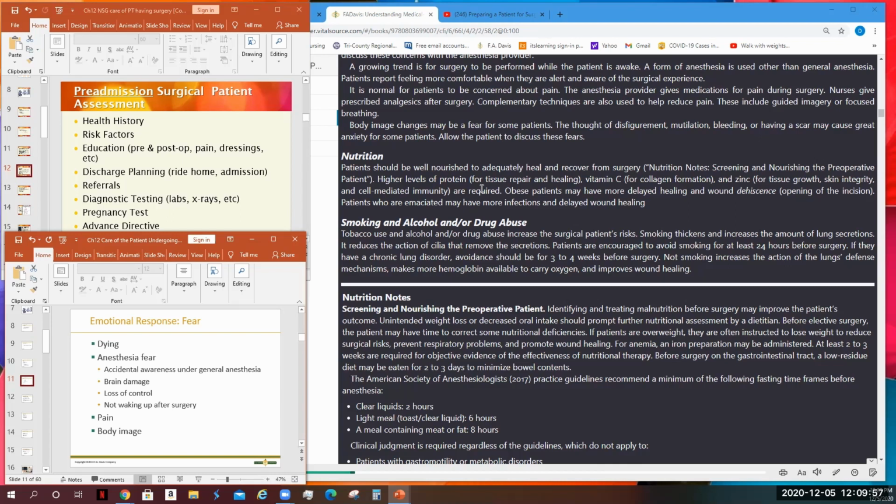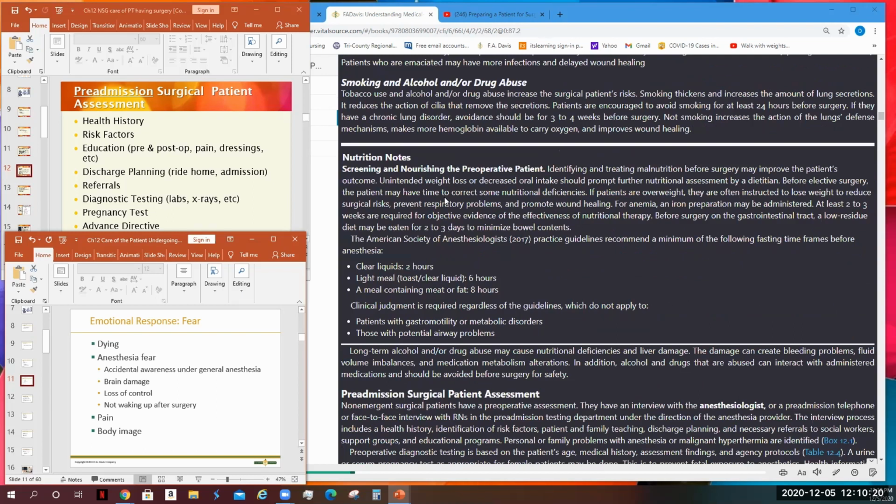If they have a chronic lung disorder, avoidance should be for 3 to 4 weeks before surgery. Not smoking increases the action of the lung's defense mechanisms, which makes more hemoglobin available to carry oxygen, which improves wound healing.